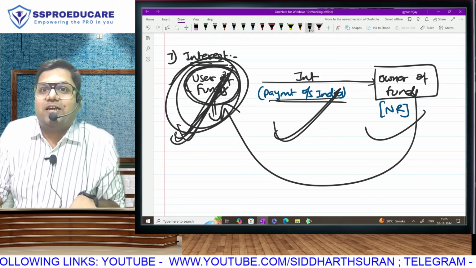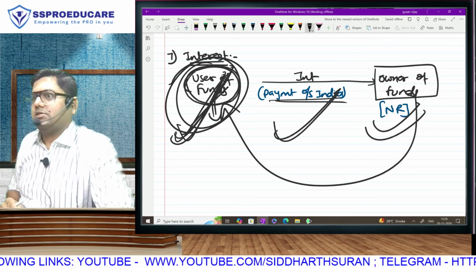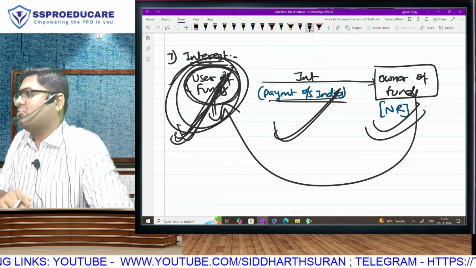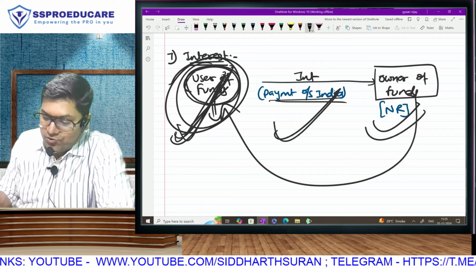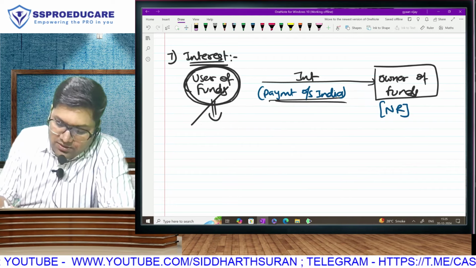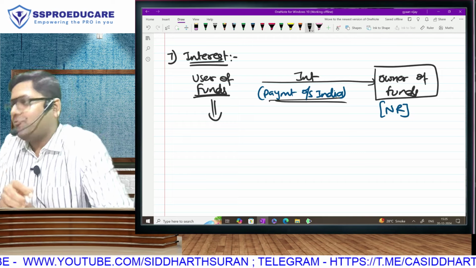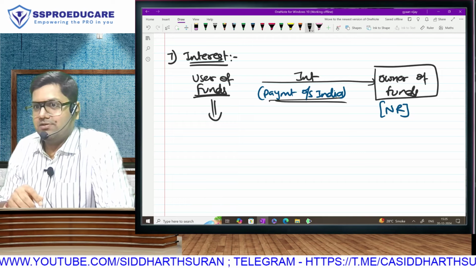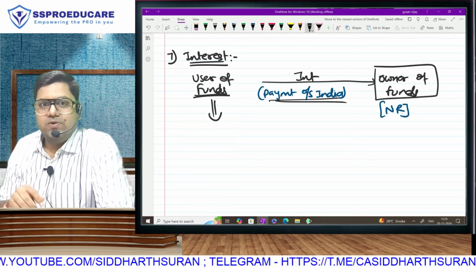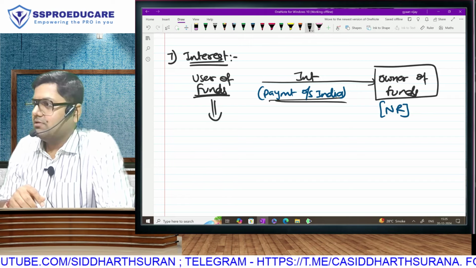Even if payment is outside India, even if you are non-resident, you will have to pay tax by deeming that income to be Indian income. So we have to go and see the borrower's place of usage of funds. You understood?